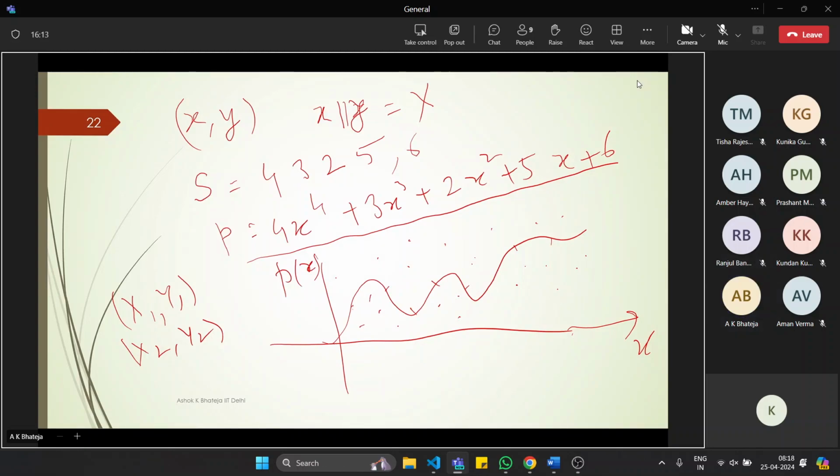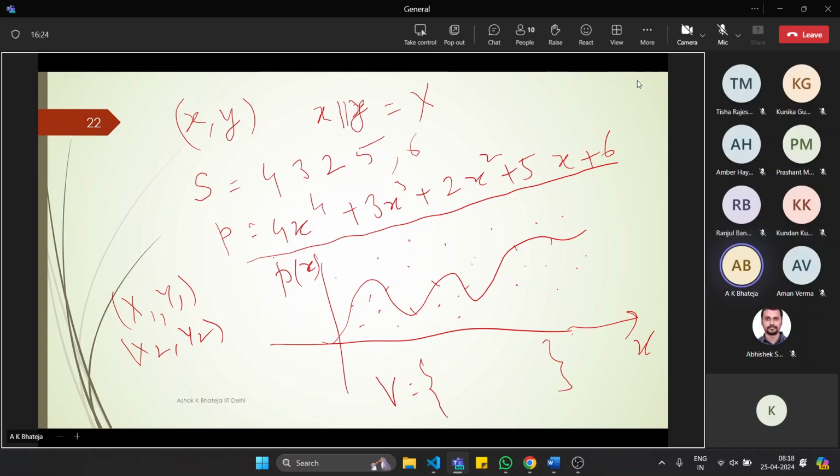Now, if you give this set V, where V is the set of all those points which are lying on the polynomial and not lying on the polynomial, this is a very big set. So if this set is given to anyone, the third person cannot construct the polynomial unless the person can find the points which are lying on the polynomial. The points which are lying on the polynomial are hardly, say, 20 or 30.